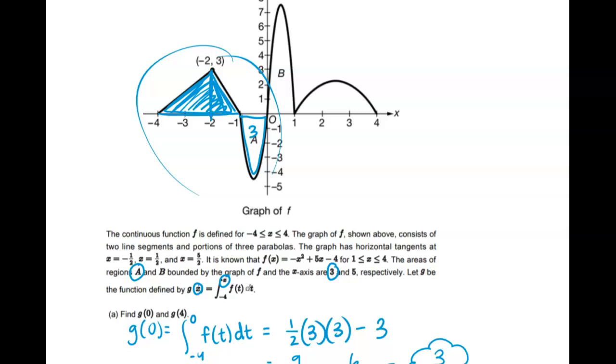So let's look at 0 to 4. Well, from 0 to 1, that same sentence where we learned what A was, B is 5. So all we have left is that piece.